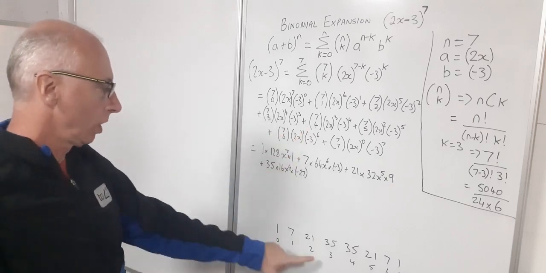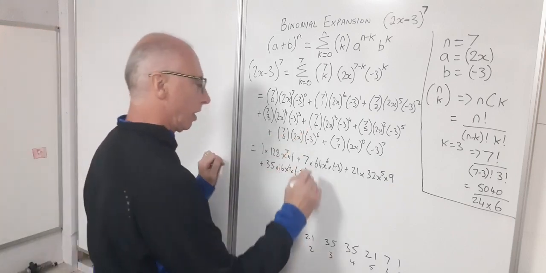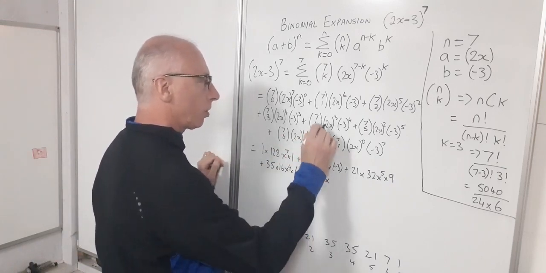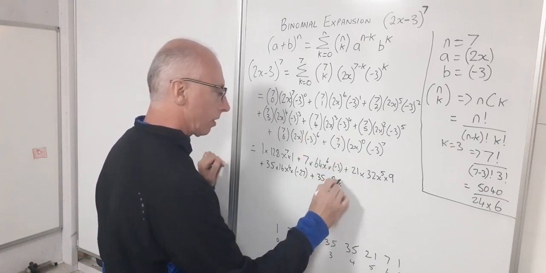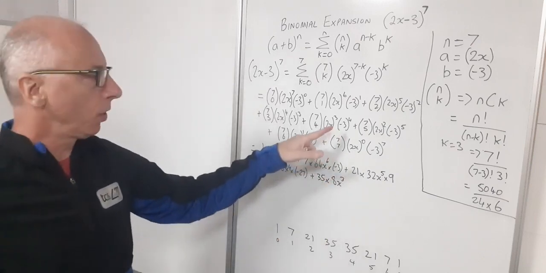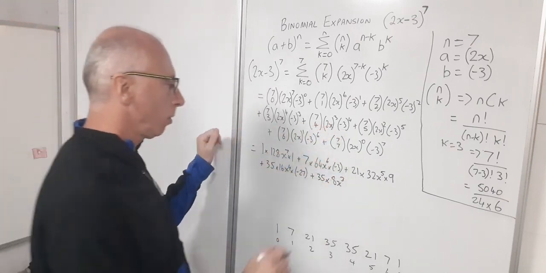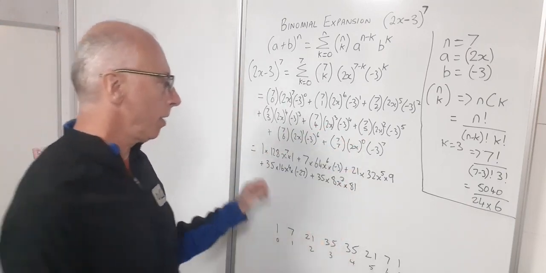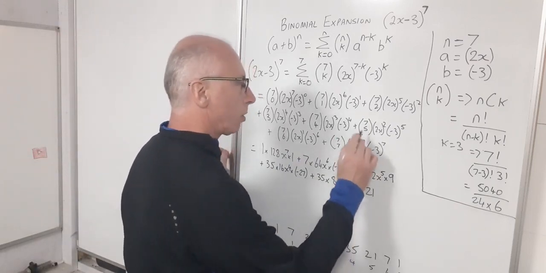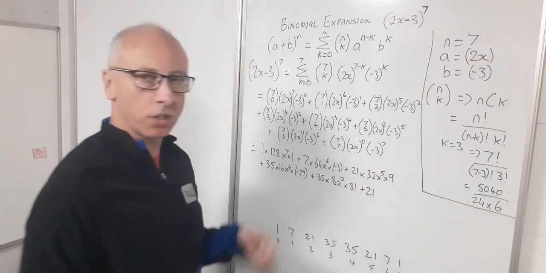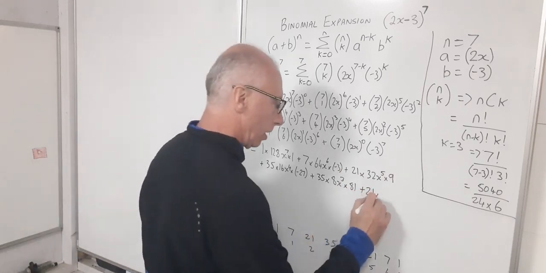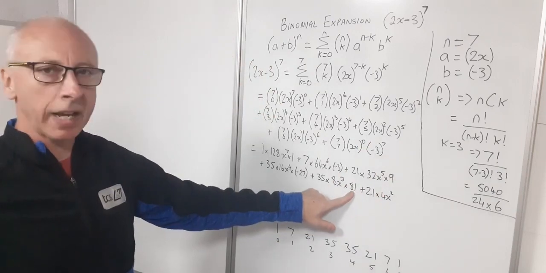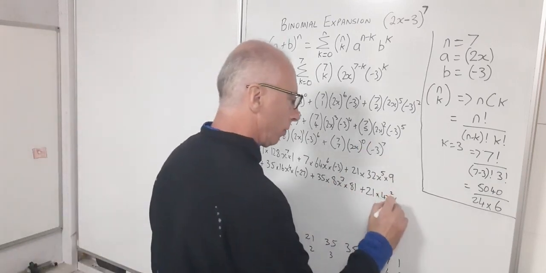7 choose 4 is also 35. So now I've got to add 35 times 2 cubed, which is 8, so x cubed, minus 3 to the 4, that's going to be positive 81. Next one, 7 choose 5 is 21. 21 times 2x squared, that's simply 4x squared, so times 4x squared, minus 3 to the 5. 81 times minus 3 is minus 243.